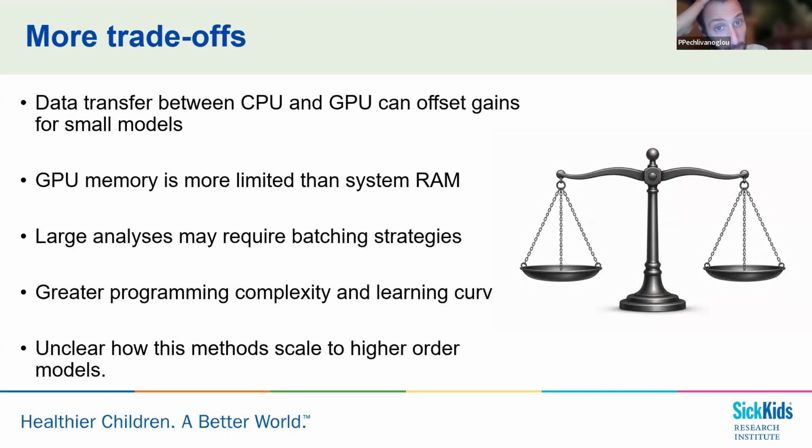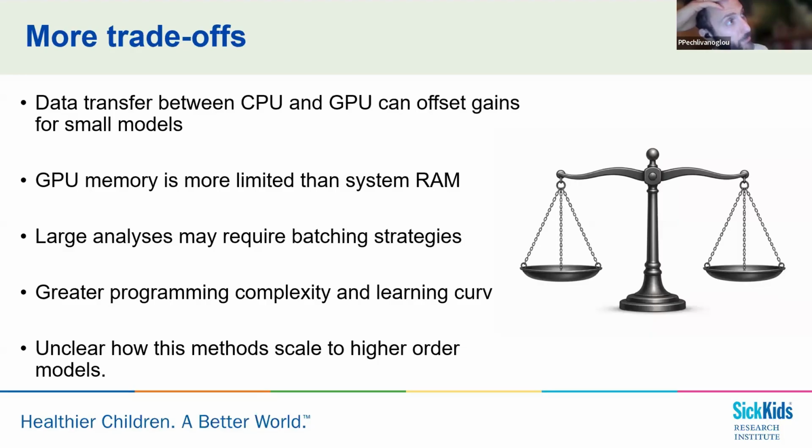GPU memory is more limited than RAM, so that limits the amount of things you can send to the GPU in some way. And you might have to introduce batches in your iterative processes. As I mentioned, greater program complexity and learning curve.